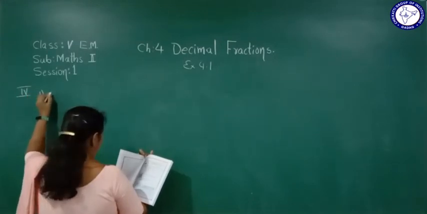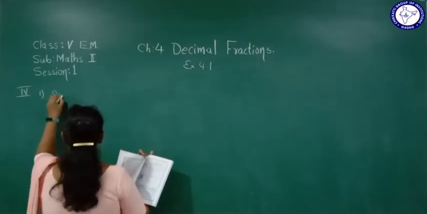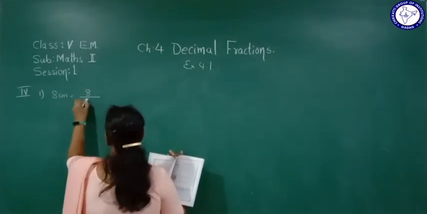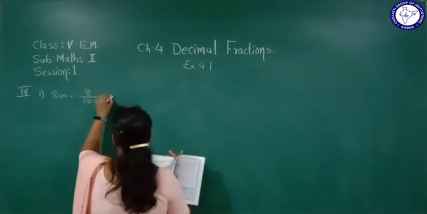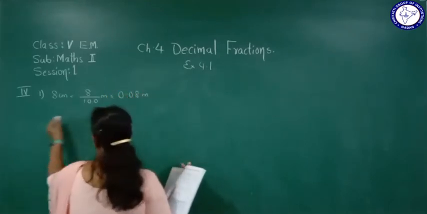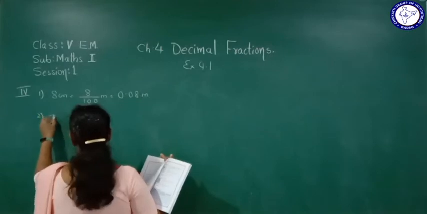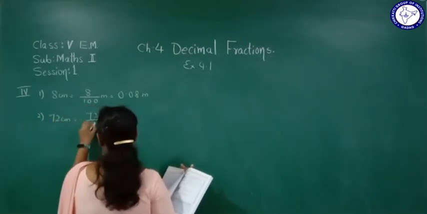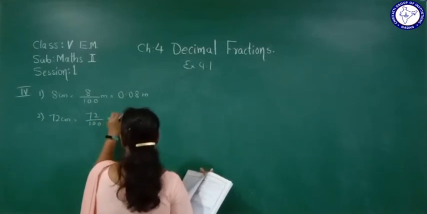First one, it is 8 centimeter. So 8 centimeter in meter, it is 8 by 100 meter, which is equal to 0.08 meter. Second one, 72 centimeter. So this is 72 by 100 equals 0.72 meter.